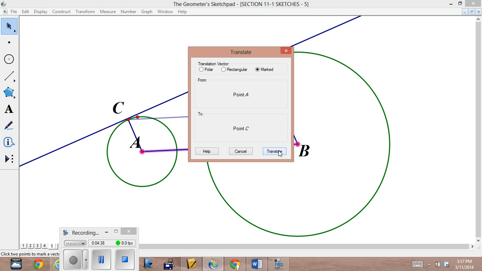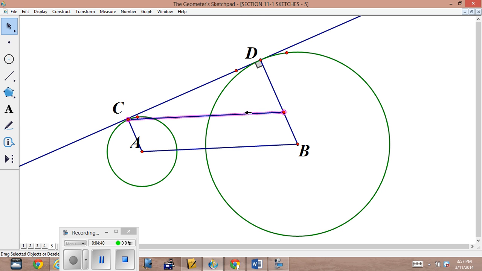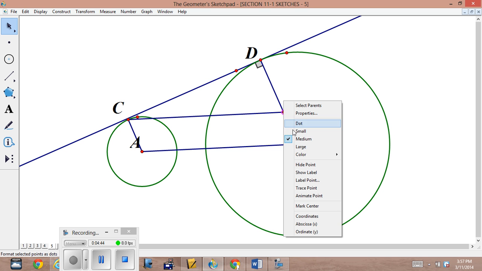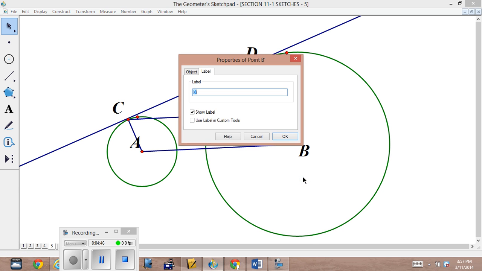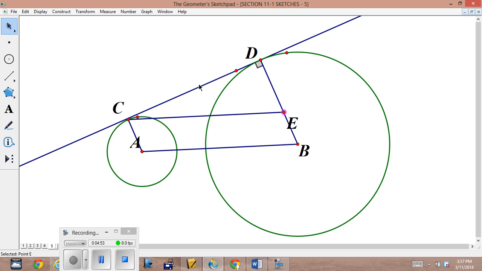Now what we have here, if we look, and we'll label this point over here as point E, is a right triangle. We have the right triangle CDE, correct? CDE is a right triangle. The hypotenuse, which is CE, is the same as AB.